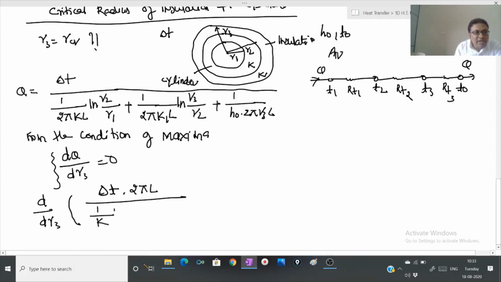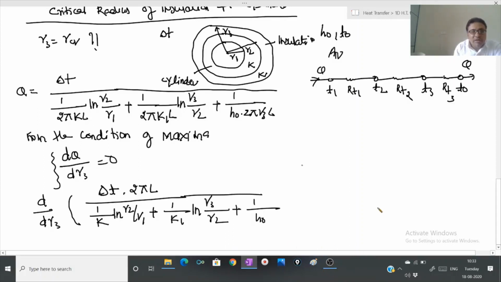1 over k log of R2 over R1 plus 1 by k1 log of R3 over R2 plus 1 over h0 into R3, and that will be equal to 0.